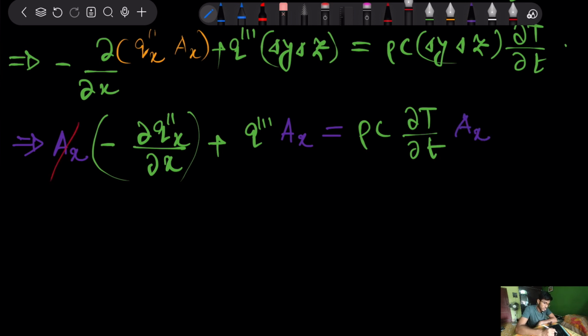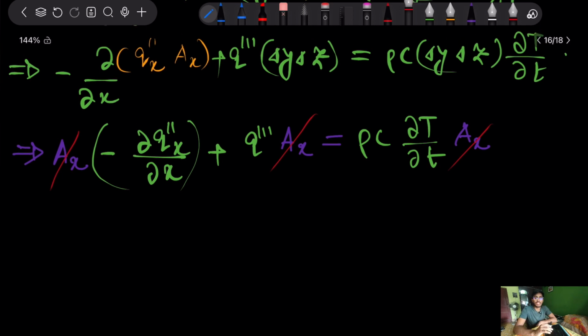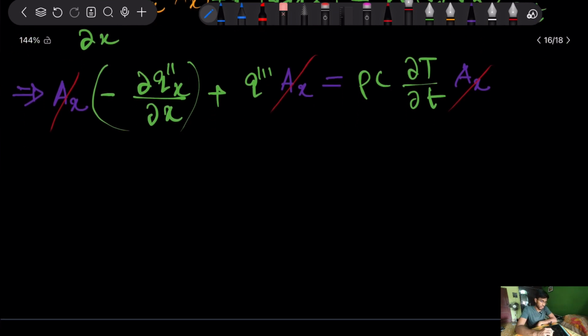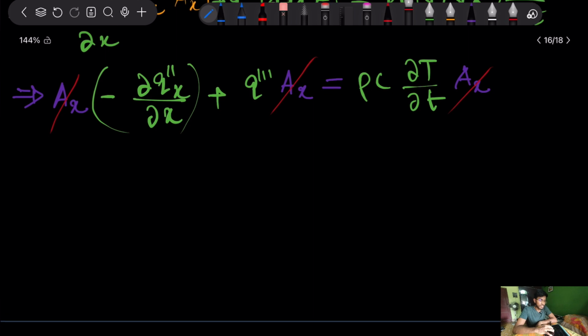Now I can cancel this out, even if I take the limit. Here I have to take the limit, that is delta x, delta y, delta z, everything tending to 0, because I want to shrink the control volume into a point, then only it will be a differential equation. Even if I take that limit, Ax is not exactly equal to 0, but tending to 0, so I can cancel out Ax from the LHS and the RHS.